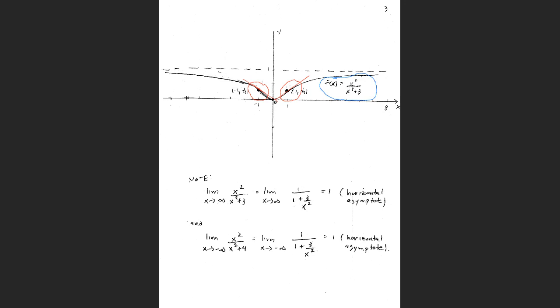But when you're at the inflection points 1 and -1, and remember for this example, that's where the second derivative was equal to 0, what does that tell you about the function right there?